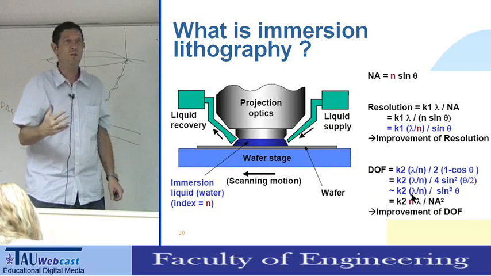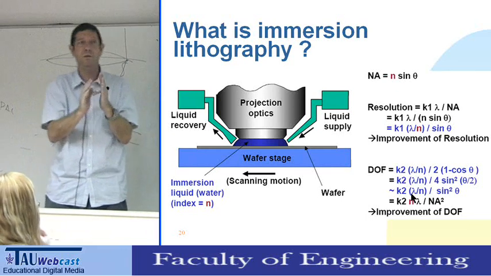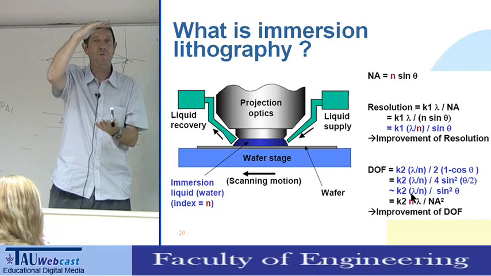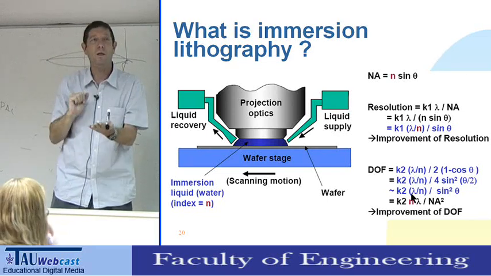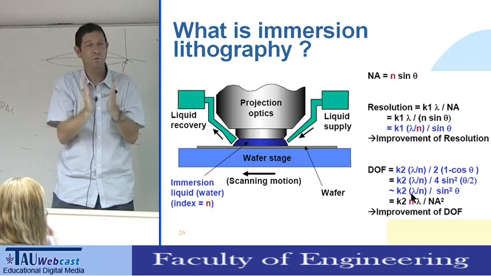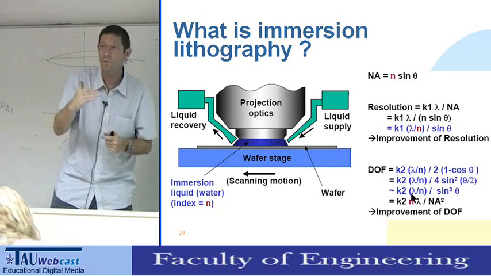You have to understand, in a normal analysis you assume that air is on the top and the bottom. Here we have air on the top of the lens and water or liquid on the bottom. So in this situation, the resolution improves because we keep the same numerical aperture, but the depth of focus also improves.